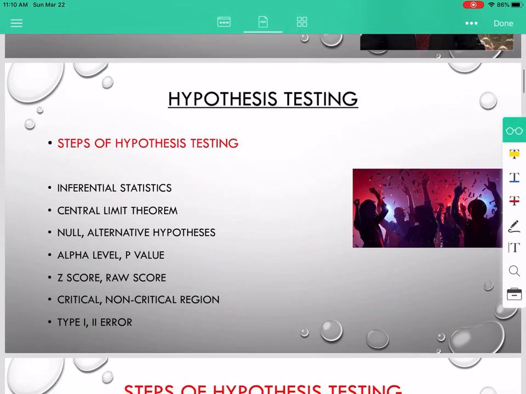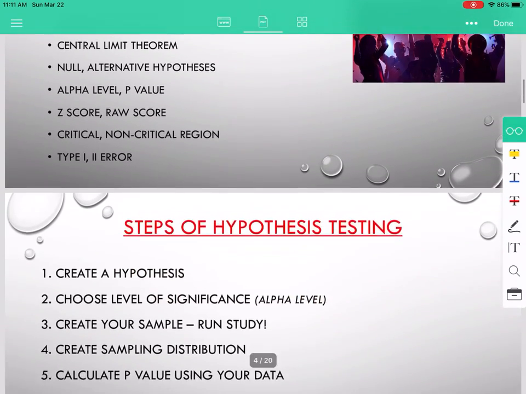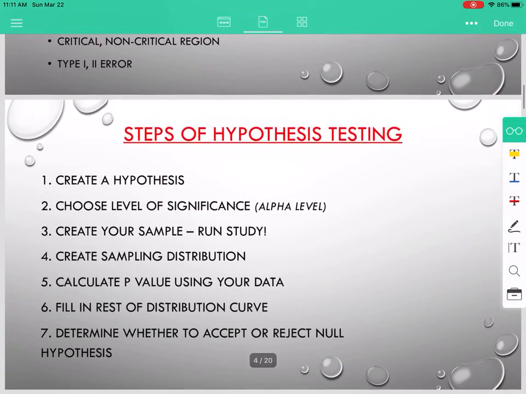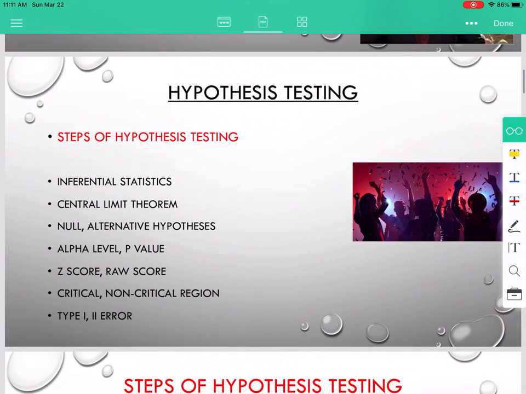If you read different stats books or other videos or whatever, you'll probably see hypothesis testing broken down into different numbers of steps. I've put together 7 steps of hypothesis testing. You might see it broken down to as few as 3, but whatever the numbers are, it's the same steps.